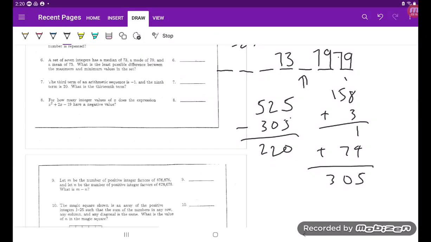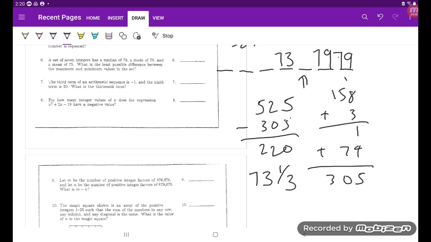So the sum of the other 3 numbers should be 220. Divide that by 3, and we get 73 and a third. That means there should be some 73s in here. Well, that doesn't satisfy that the mode is 79, so it can't be 74. What if it's 75?